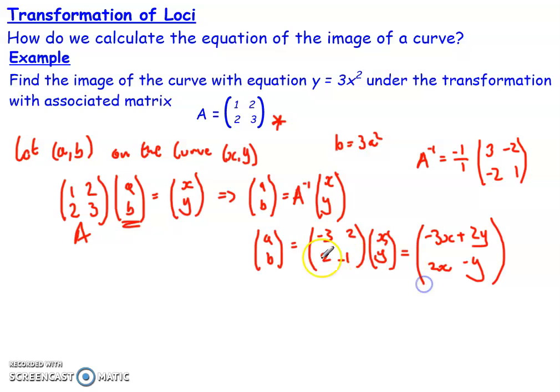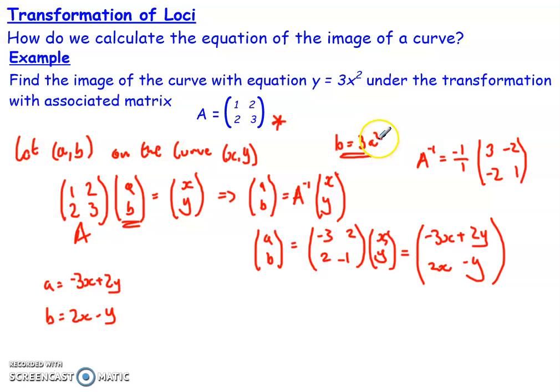And what we know is that that then is equal to our point (a, b). So I can say a is equal to -3x plus 2y, and I know that b is equal to 2x minus y. Now we know from the fact that (a, b) is a point on our curve that the relationship between a and b is given by b equals 3a squared.